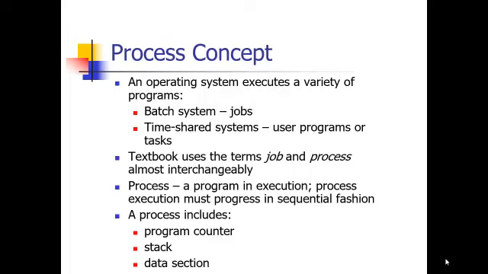A process is a program in execution, which we have seen in chapter 1 as well. So the passive state becomes an active state, and we call it a process. When a program gets executed, we call it a process.